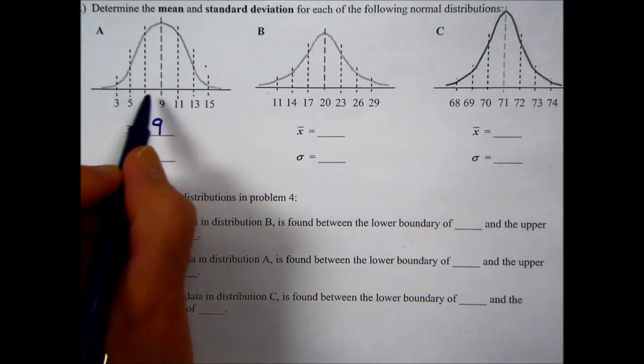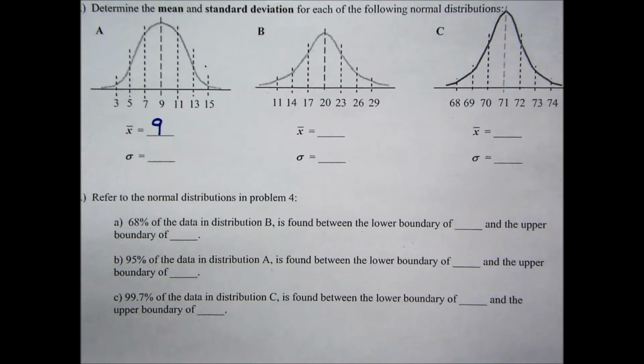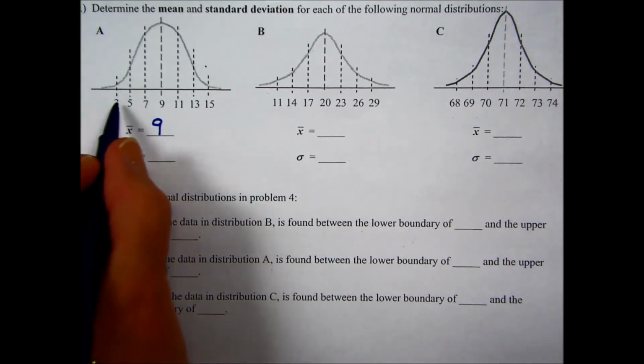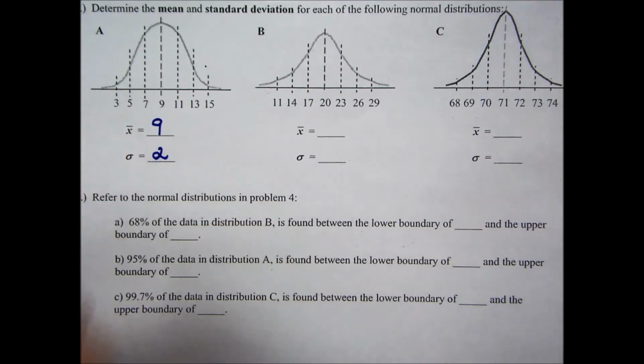So these vertical lines are showing us the boundaries for 95, 68, 99.7. In any order, every one of those values differs by 2. Long story short, the standard deviation, represented with this lowercase sigma, is 2.